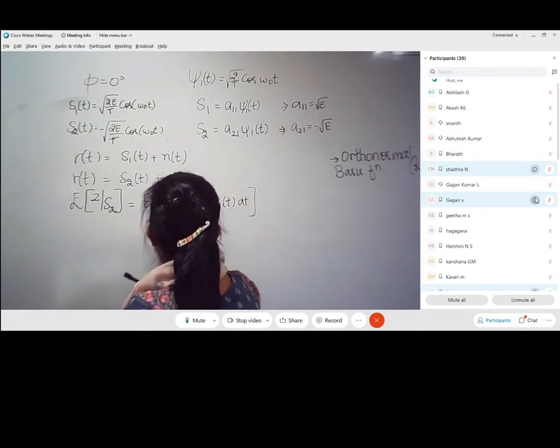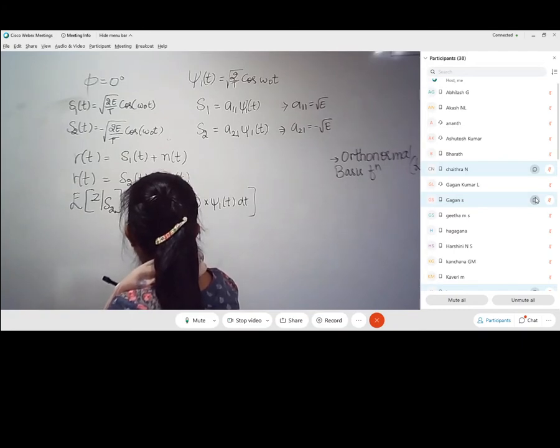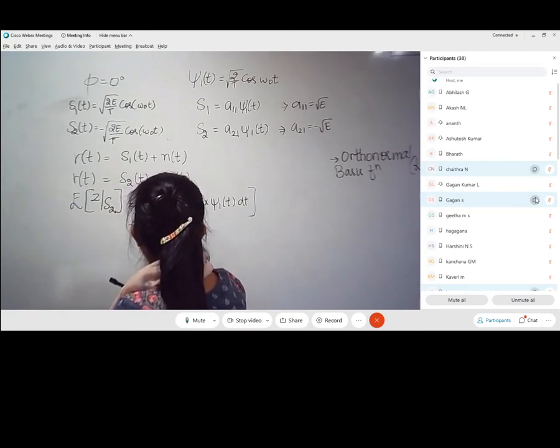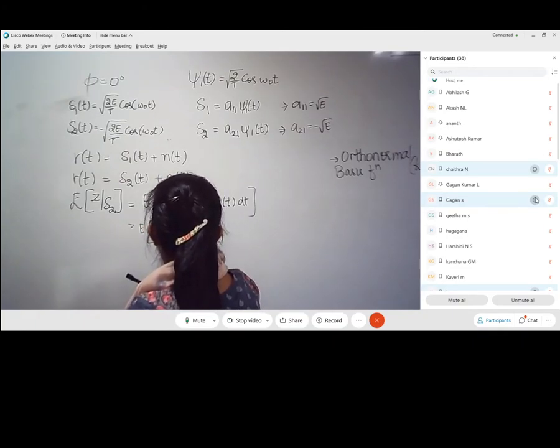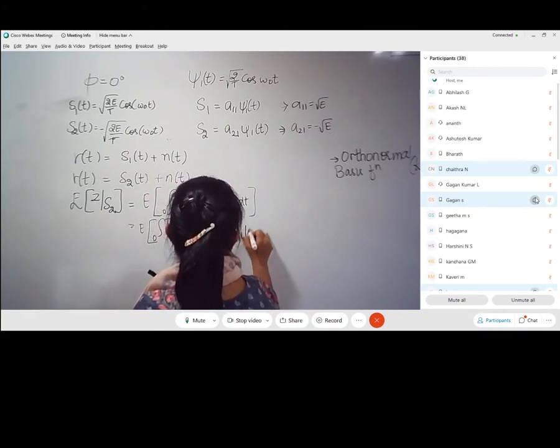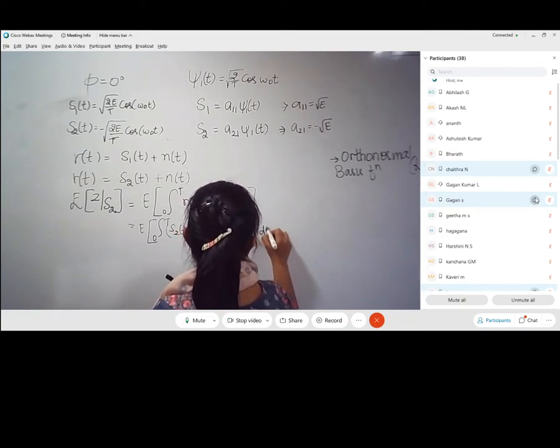But now r of t will consist of the symbol S2, so it is S2 of t plus n of t, multiplied with the basis function xi1 of t dt.